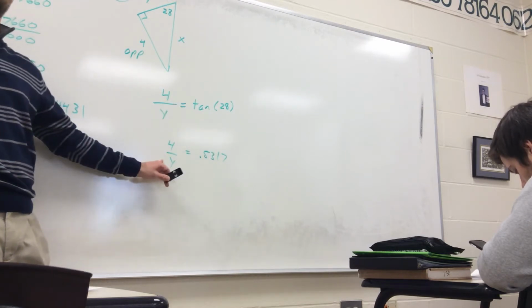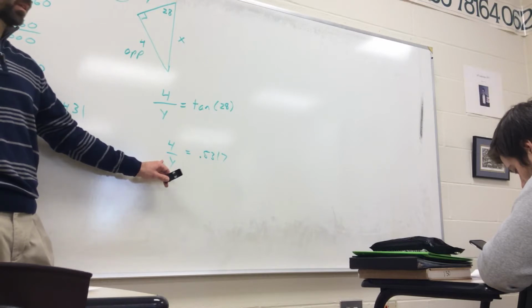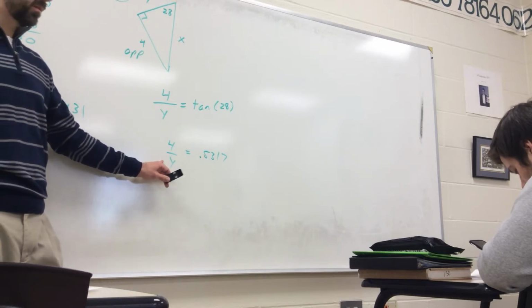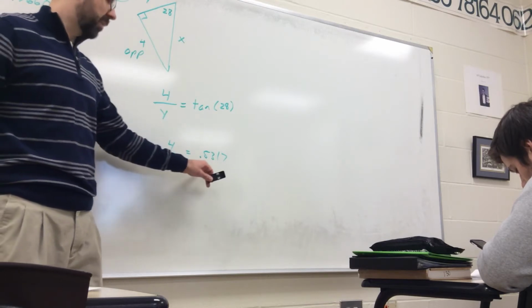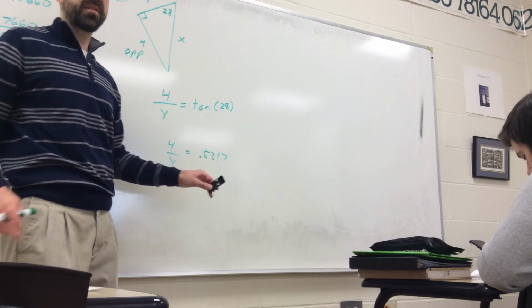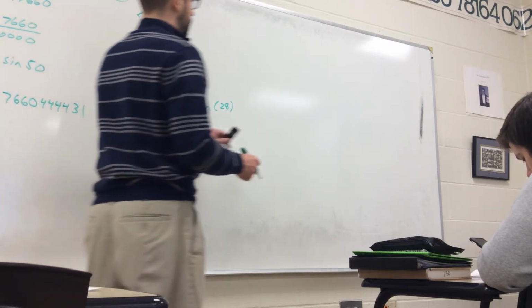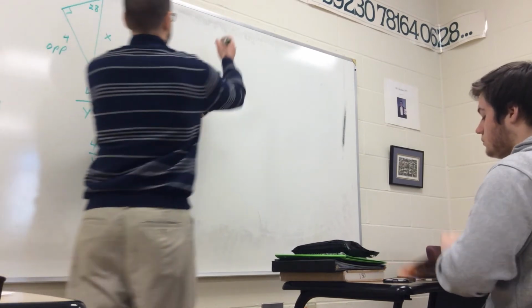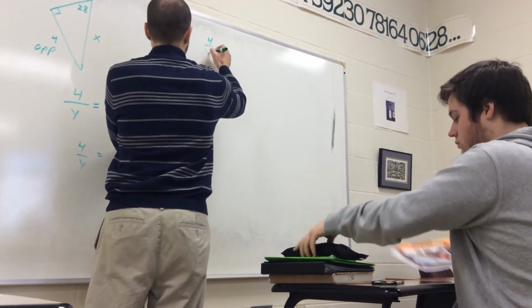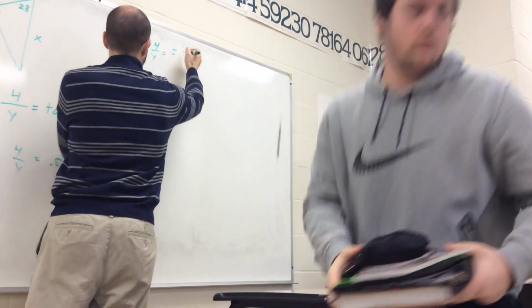And I just recopied 4 over y. Then it's easier to deal with if it's a fraction. So I'm going to put 5317 over 10,000. So 4 over y equals 5317 over 10,000.